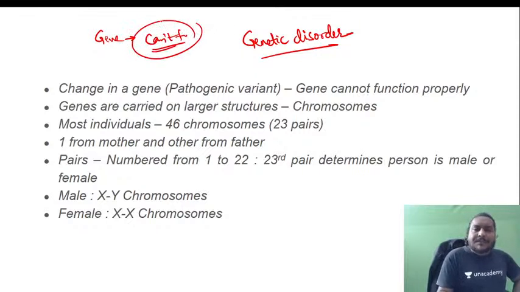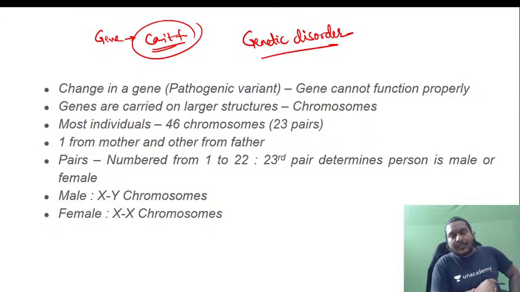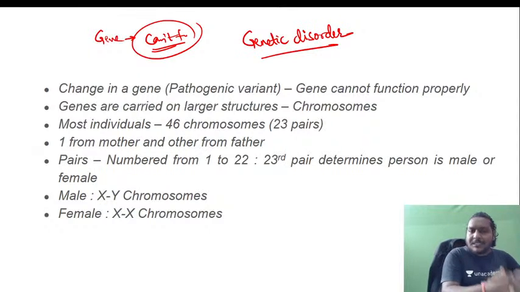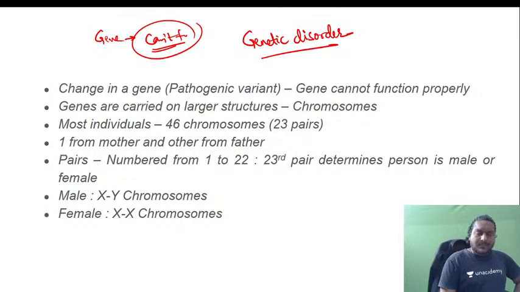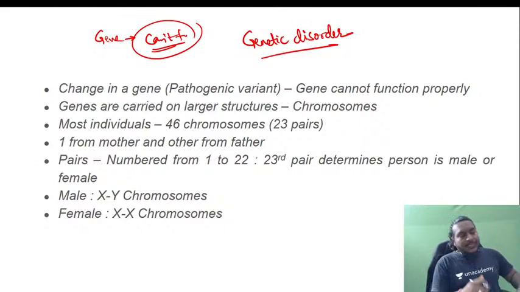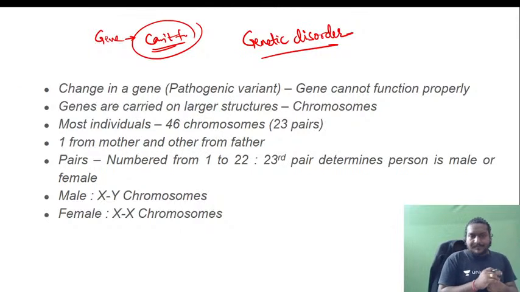This problem could be there right from the birth of the person, or it could come in between. But in general, we know very well that human beings are the result of the genetic structure coming from the parents to the children.